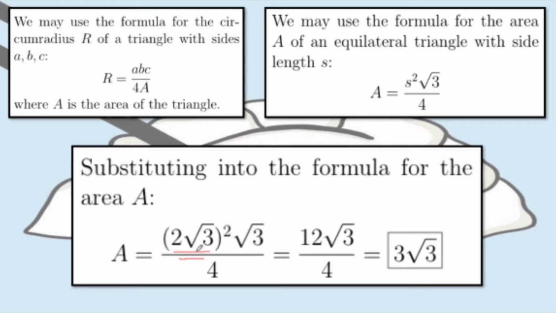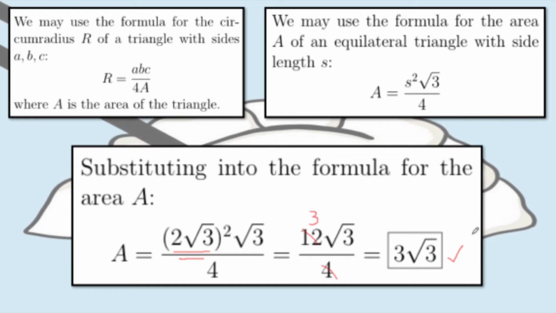So the area equals 2 square root of 3 quantity squared, times square root of 3, all over 4. Now 2 square root of 3 quantity squared is 12. So 12 square root of 3 all over 4. We can cancel the 12 and the 4, leaving only 3 at the top. So the area is 3 square root of 3. And this is indeed the final answer.